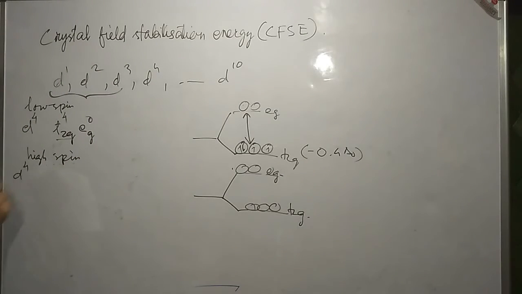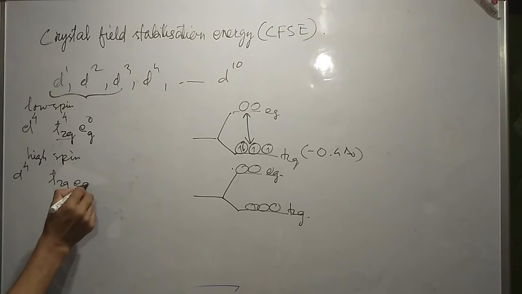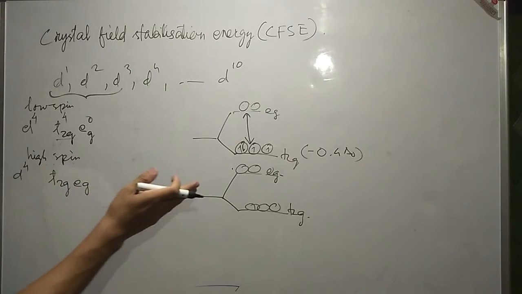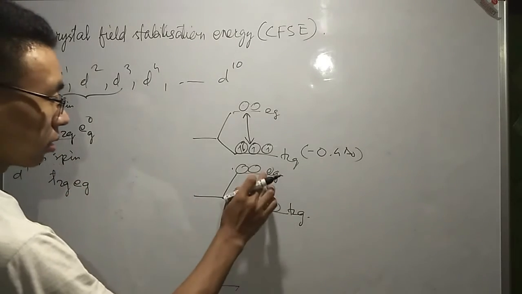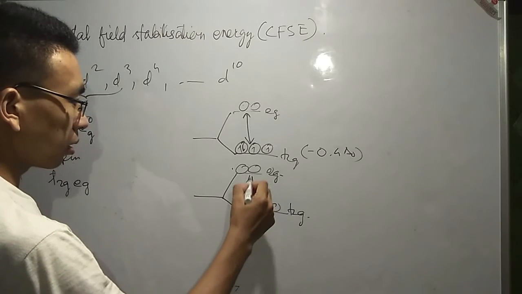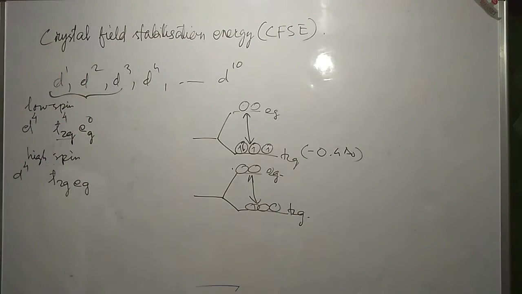For the d4 system the configuration is T2g3 Eg1. Now high spin is caused due to a weak field ligand. A weak field ligand does not create a huge gap, so the splitting between the two sets of orbitals is not large.